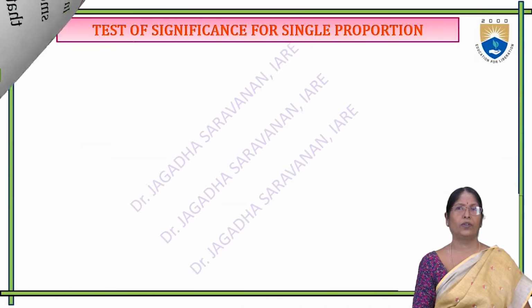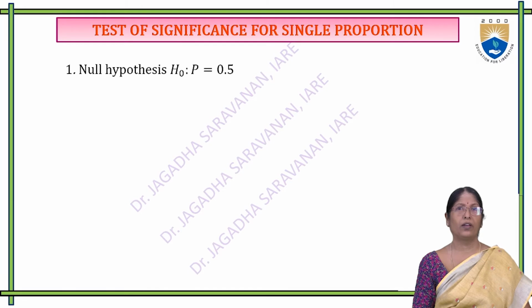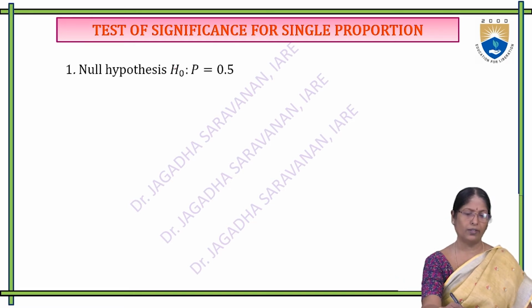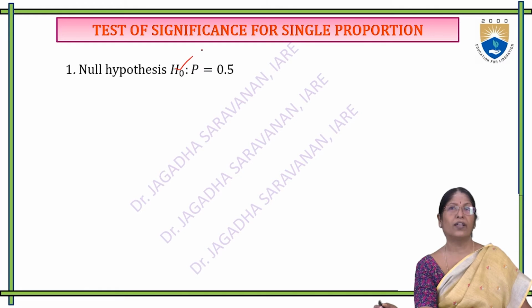Now we can see it here. The null hypothesis we are accepting is capital P equals 0.5. H naught is the symbol. We are telling that the population proportion of smokers and non-smokers is equal, that is 0.5 we have taken.